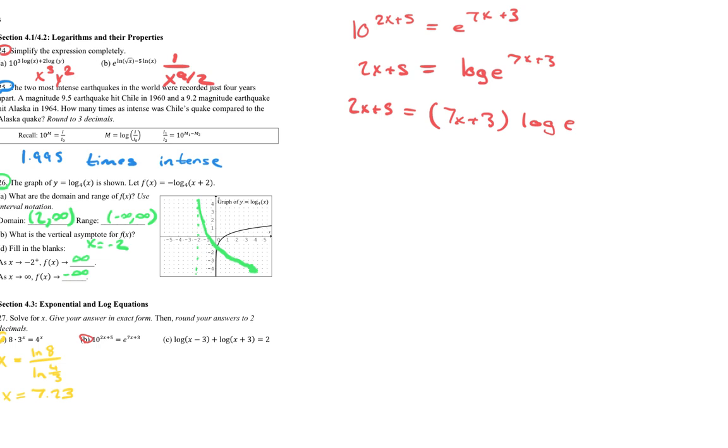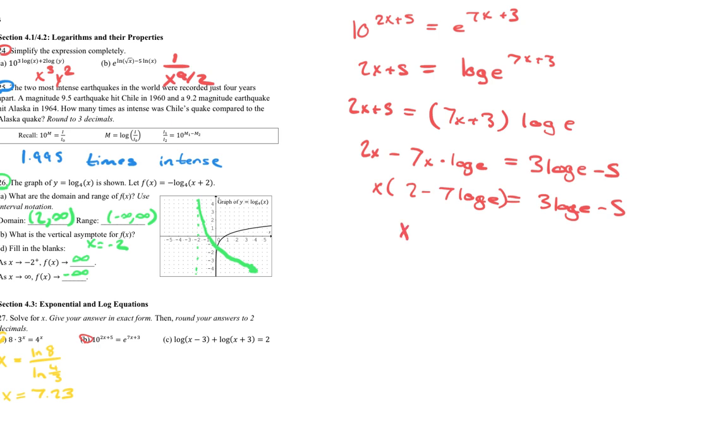And then from here, we want to get all our x's on the same side. So we have 2x minus 7x times log of e equaling 3 log of e minus 5. So now we factor out an x. So we'll have x times 2 minus 7 log of e equaling 3 log e minus 5.